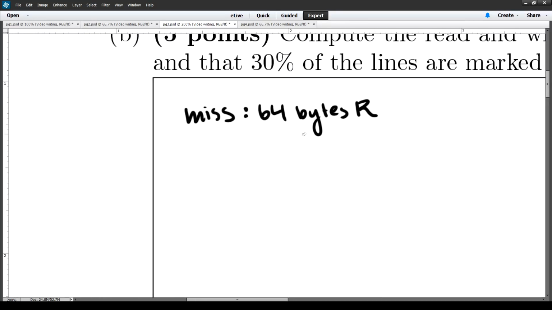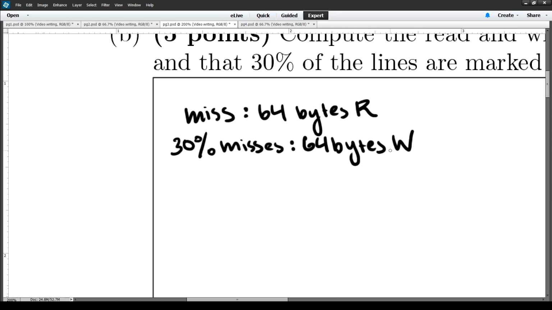However, because this is a write back cache, we also know that we need to be writing from cache into memory whenever we have a dirty line that's been evicted from cache. So this is going to mean that 30% of misses are also going to result in some number of bytes being written. In this case, we'll be writing 64 bytes rather than just 8 as we did in problem 2a, because when a line is marked as dirty, we have no information on what part of the line was changed, so we just have to write the whole 64 byte line into memory.